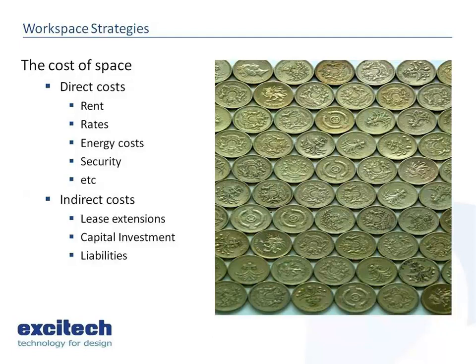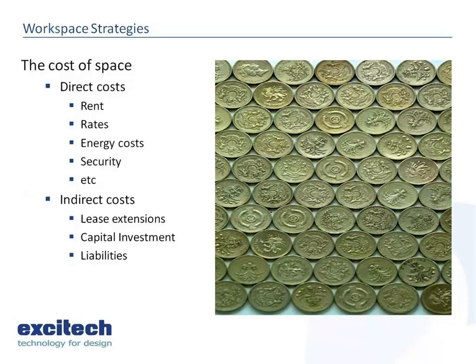But all of those costs, and also indirect costs. So, for example, things like the extension of leases, if you need to renew a lease on a short term, the capital investment for owner-occupiers, the money actually tied up of a business in its property portfolio. And also the liabilities. So these can be liabilities in terms of the obvious liabilities such as health and safety, asbestos and things like that, but also liabilities in terms of business liabilities.